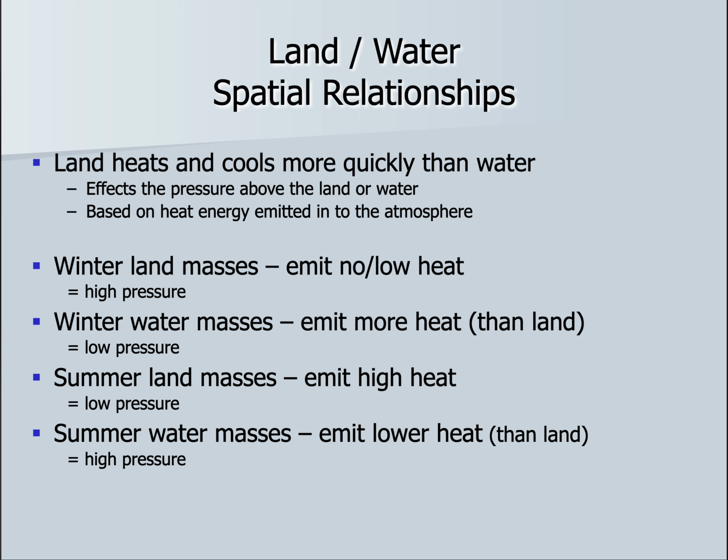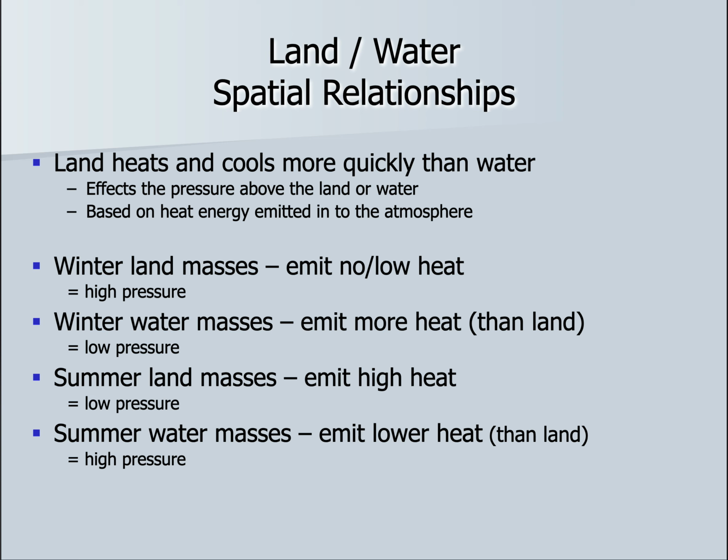So that means that in the wintertime, land can't hold energy, so it's going to be cold. If it's cold, it's going to have a high pressure cell because it's not emitting heat. In the wintertime, water, on the other hand, has stored all its heat over the summertime.